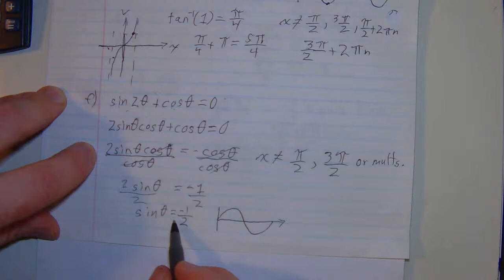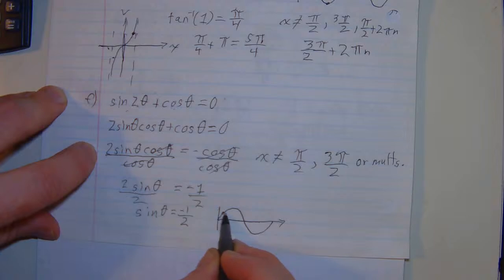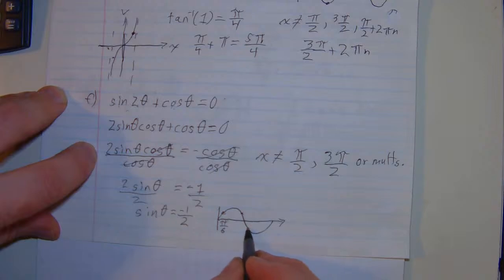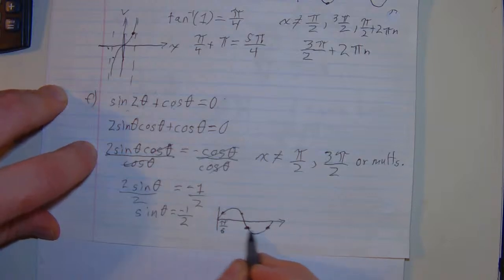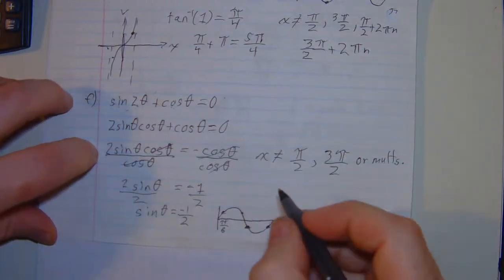And we know that sine theta equals a positive 1/2 at 30 degrees, or pi by 6. And so we can use our reflections to figure out where we're going to get these 2 points here, which are at a y value of -1/2.